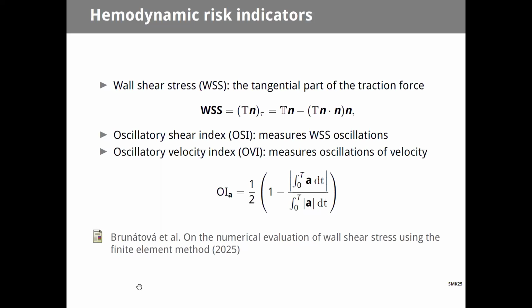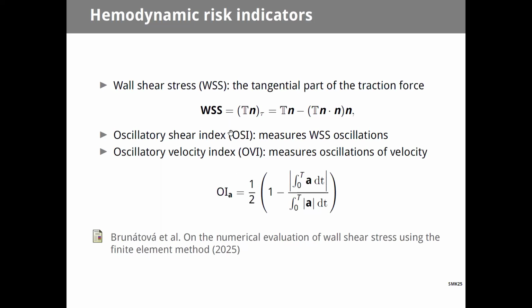But after this computation, what you want to get are what they call hemodynamic indicators, which is typically, let's say, the wall shear stress, the tangential force acting on the boundary of the fluid. That's a typical quantity you consider that can have some influence on the evolution of the blood vessel.